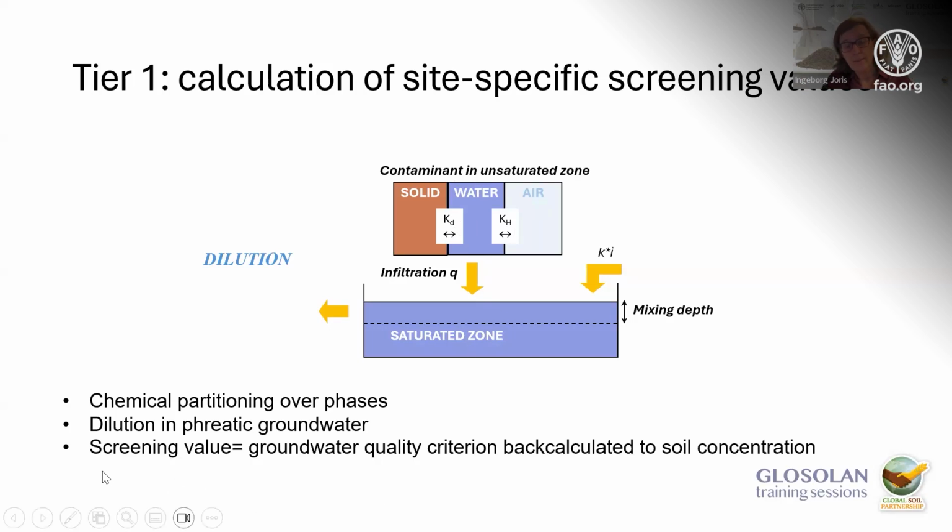You then calculate the screening value as the concentration that you want to allow in groundwater, your quality criterion. Calculate it back, so you subtract the dilution and you convert it to the total concentration. But the only things you take into account are partitioning and dilution.